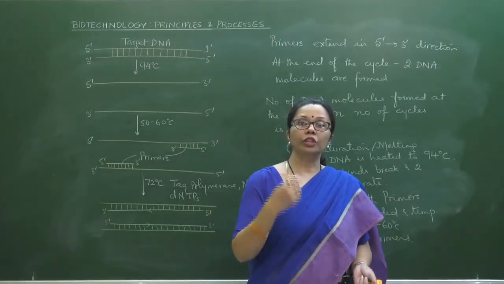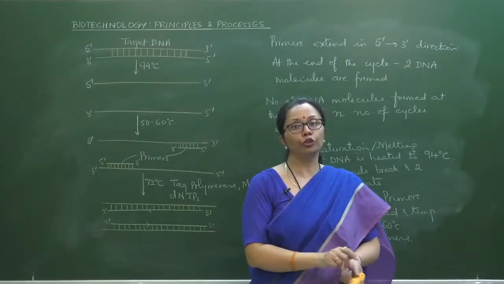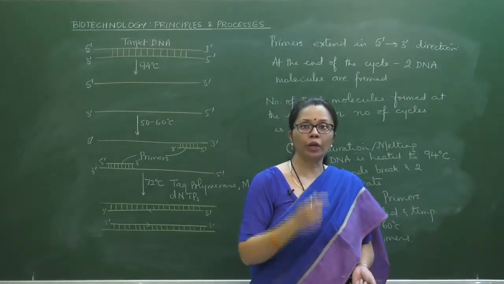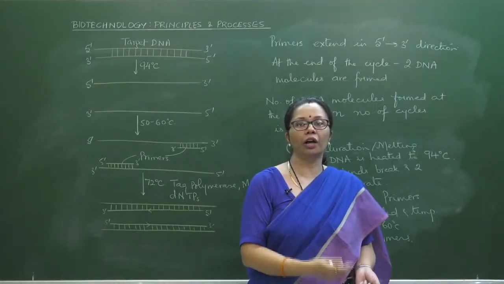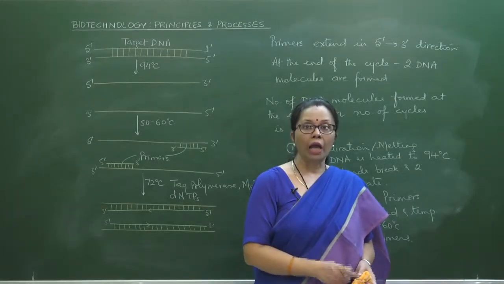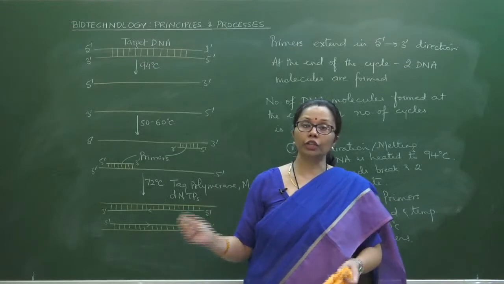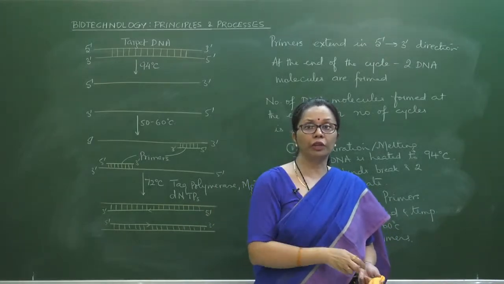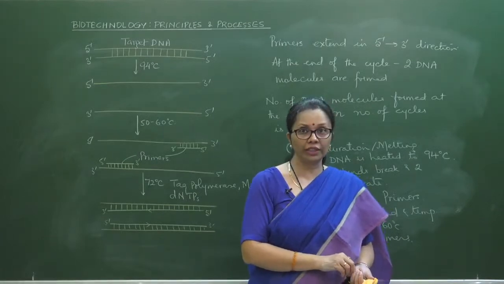Okay, so this PCR has really revolutionized the whole process of biotechnology, because very quickly, in just a few hours, 2-3 hours, we can have so many copies of our target DNA. And since this technique is so sophisticated that even a small amount of DNA is enough, it finds a lot of use in forensics.